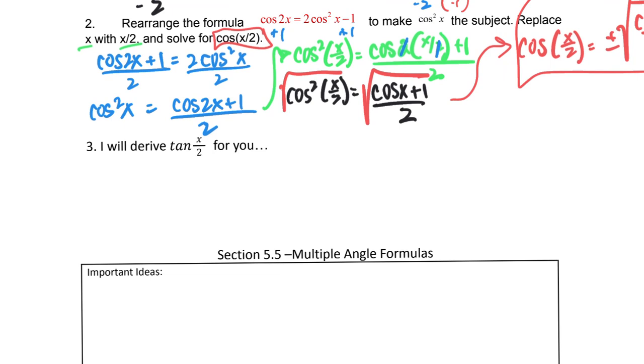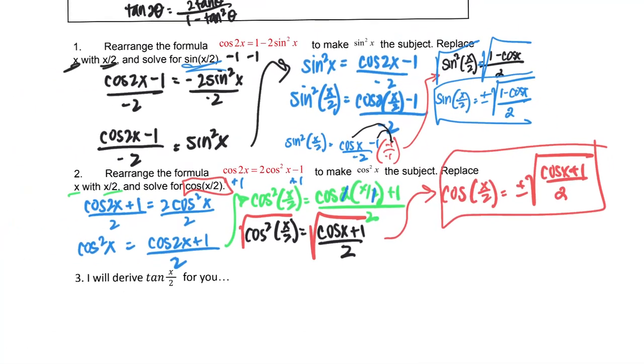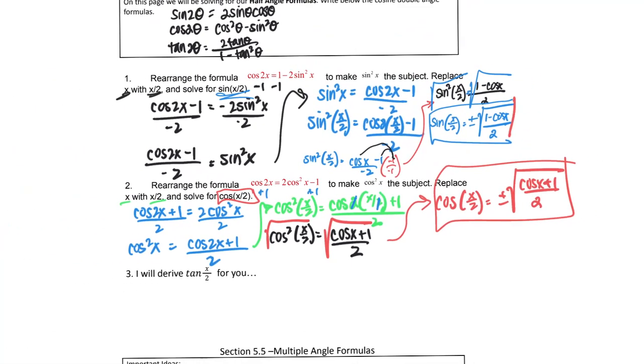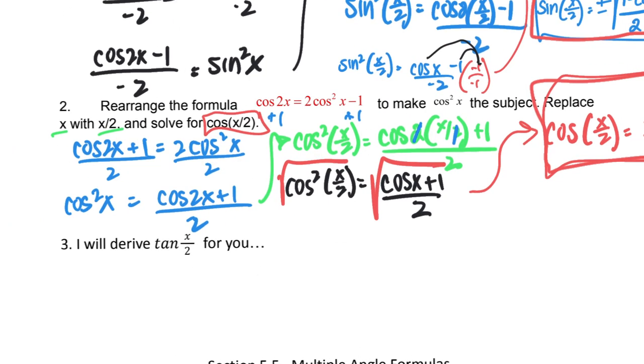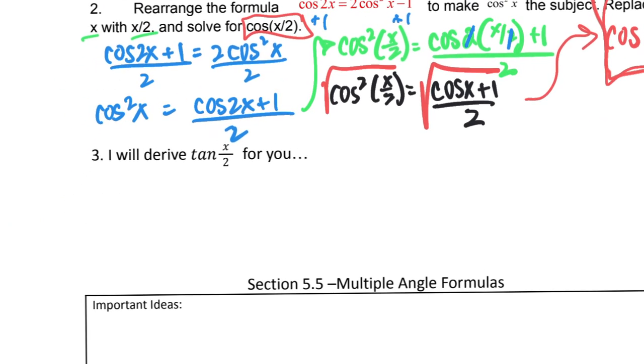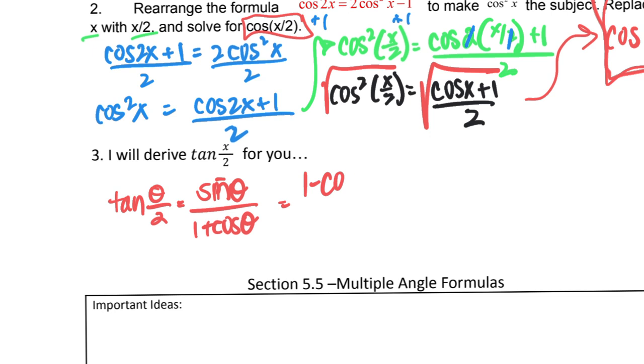And basically what we're doing is we're just dividing your sine of x over 2 formula by your cosine of x over 2 formula, but it gets kind of tricky. So this is the result of that. Tangent of theta over 2 equals sine of theta divided by 1 plus cosine of theta. And an alternate version of that is 1 minus cosine of theta divided by sine of theta.